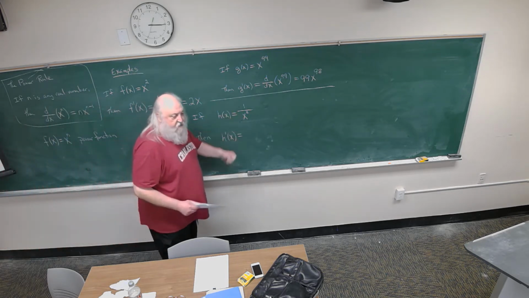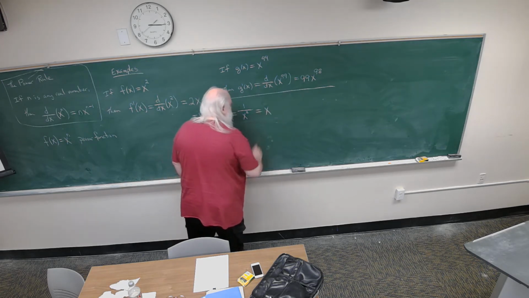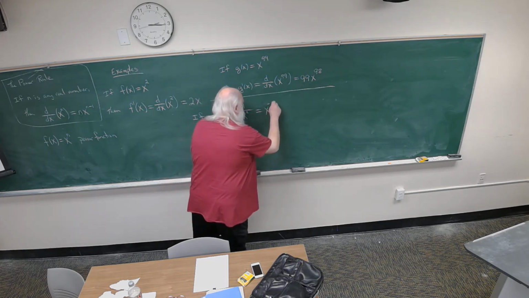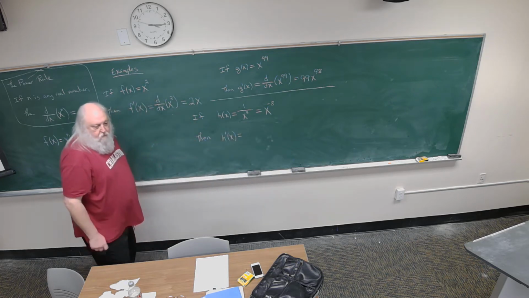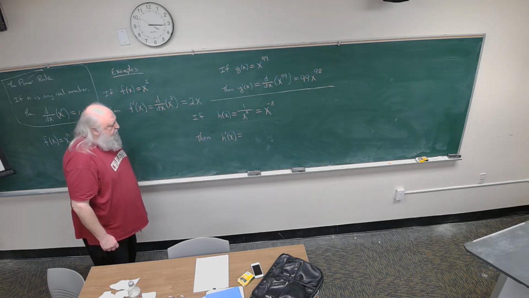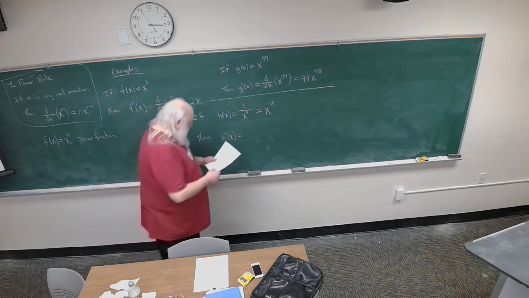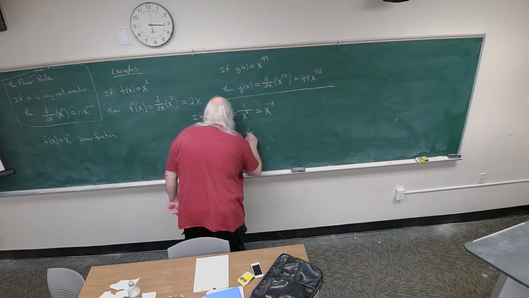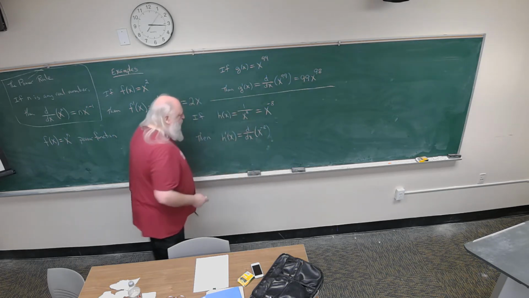So 1 over x to the 8th power is equal to x raised to negative 8. The minus sign in the exponent means reciprocal. X to the minus 8th is 1 over x to the 8th. So now we can differentiate this. h prime of x is equal to the derivative of x to the minus 8th power with respect to x.